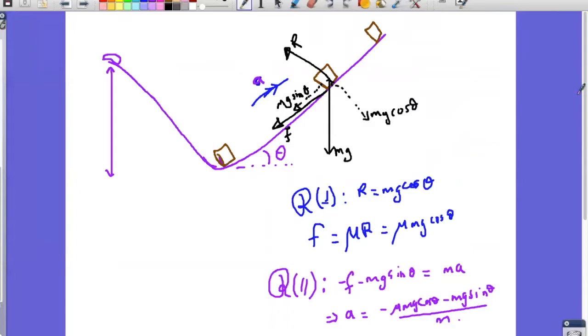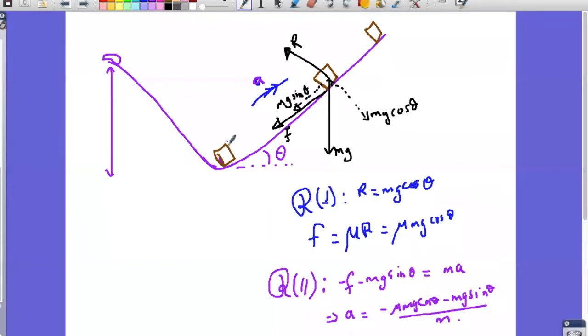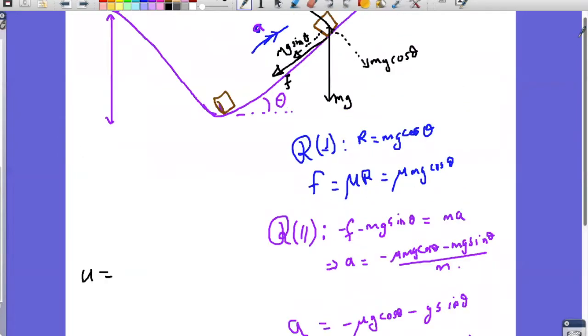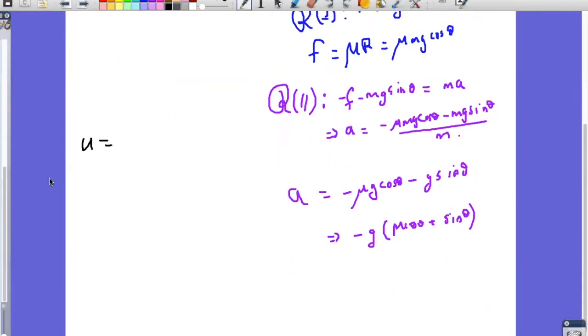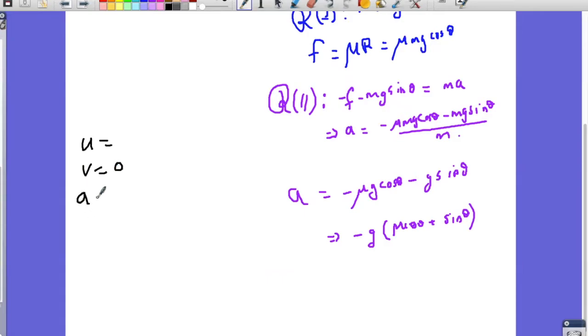And then after you know the acceleration, if you know your initial velocity u, some value, you know that when it gets to its maximum point, it will come to rest. So v should be 0. Acceleration should be negative g, whatever you have here.